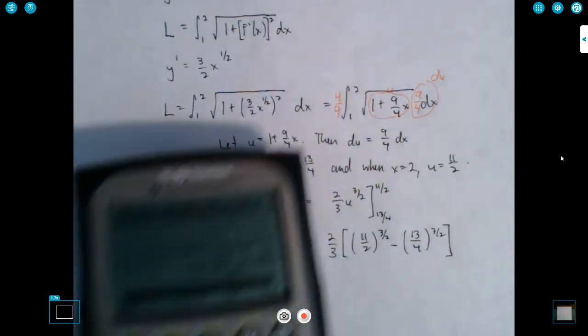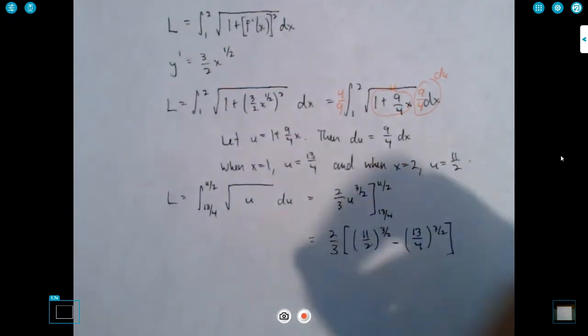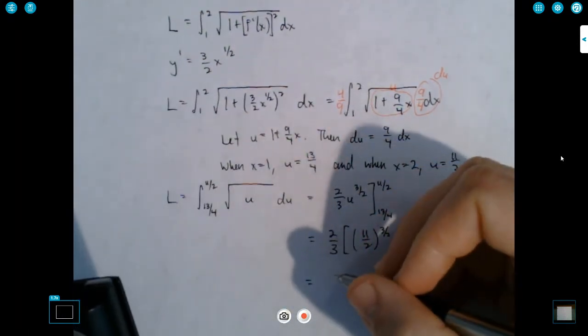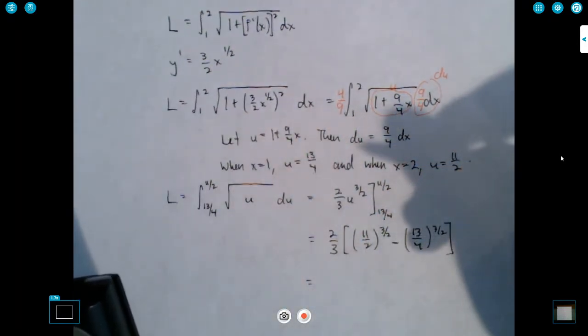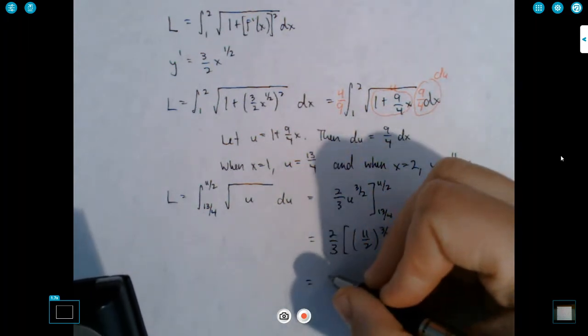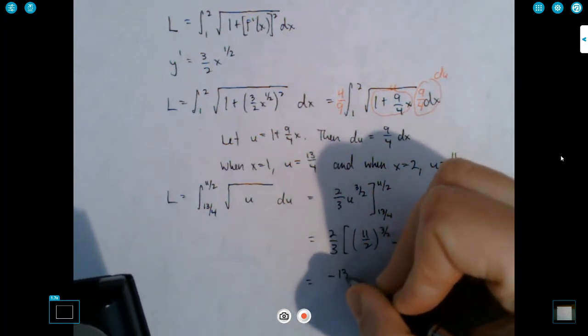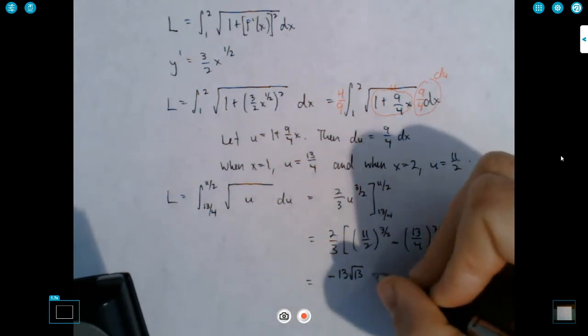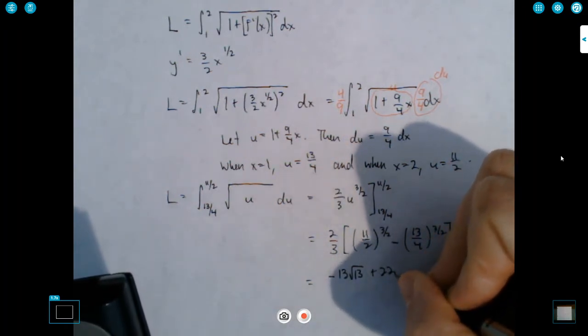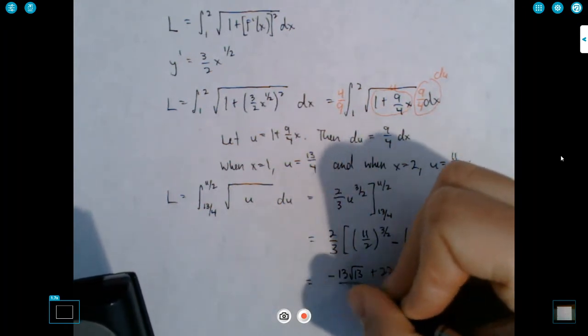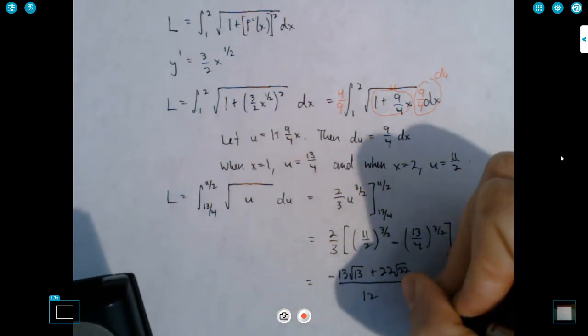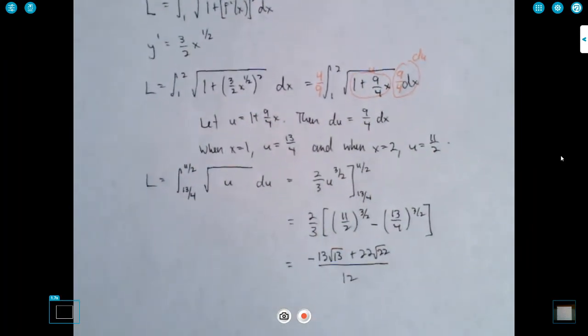Actually, because my calculator is so nice, it will actually give me the exact value, arranged slightly different. So it's saying the exact value would be negative 13 root 13 plus 22 root 22 divided by 12. So if you went through the trouble of rationalizing and everything, that's what you would get at the end of the day. Kind of interesting.